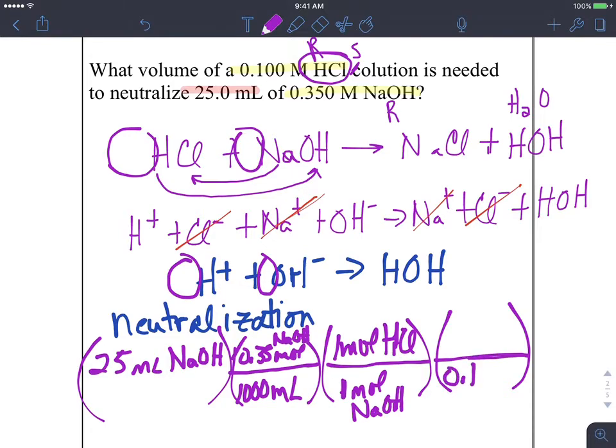We know that for every 0.1 moles of HCl, the volume is 1,000 milliliters. And so if we cancel all of our units out, milliliters, moles, moles, we are left with milliliters of HCl.